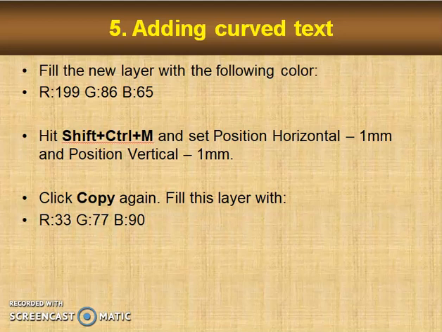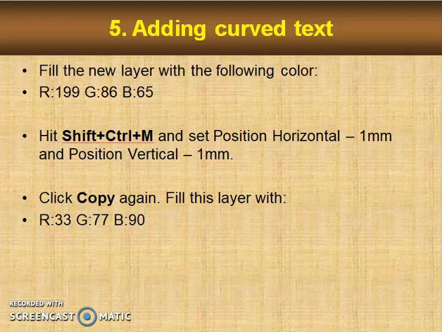The value of green 86%. The value of blue is 65%. Hit Shift plus Control plus M and select positional horizontal 1 mm and position vertical 1 mm. Click copy again.